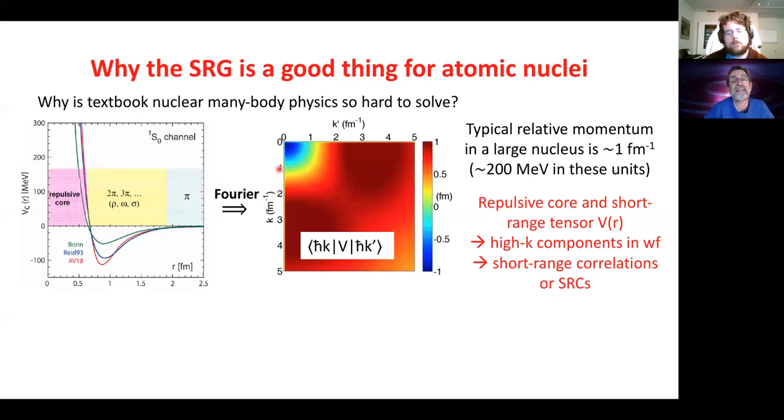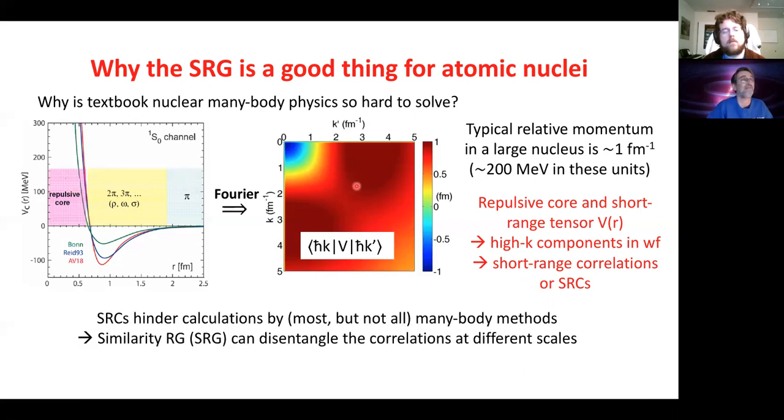What this says is that these low momentum things, those little soft guys in the nucleus, are going to have a very high probability to turn into a high momentum. And that creates the short range correlation. So this picture tells you you're going to have that high momentum picture, and that makes almost every method that you want to use to solve the nuclear many-body problem fail until you apply something like this.